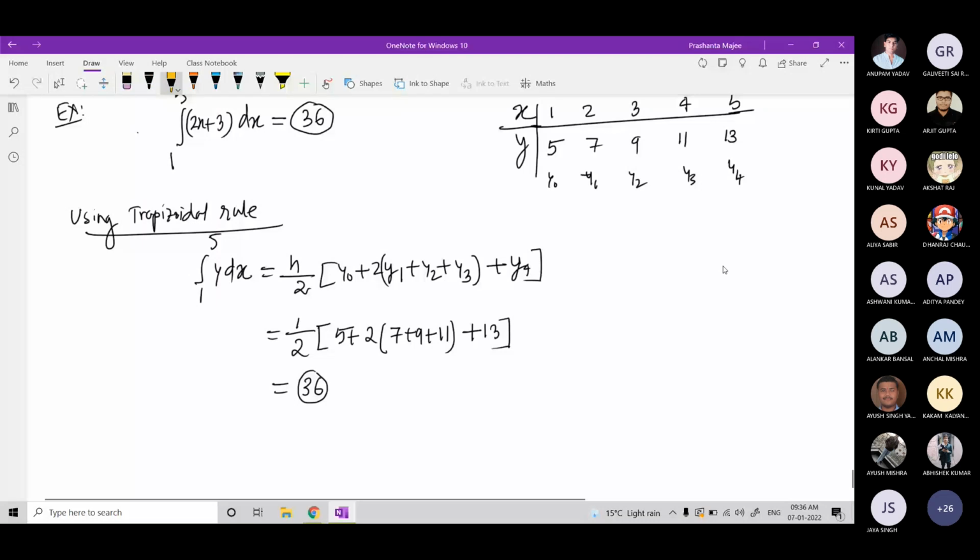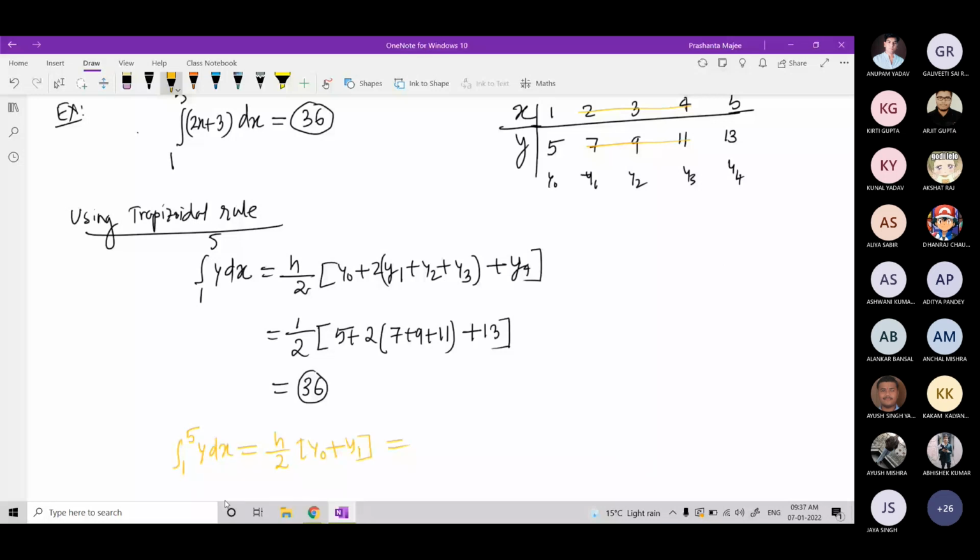Then what would be the value of the integration, integral 1 to 5 of y dx? This will be h by 2 times y0 plus y1.